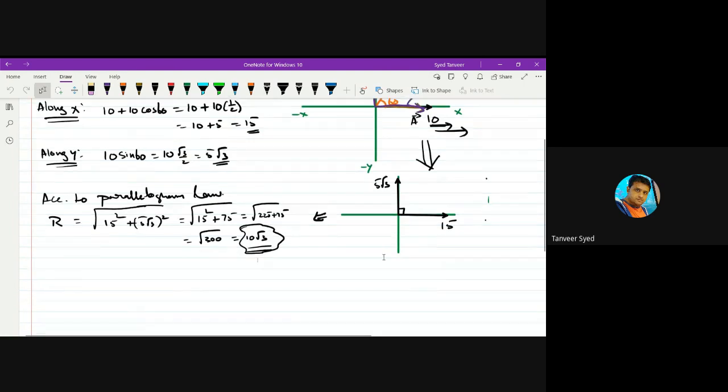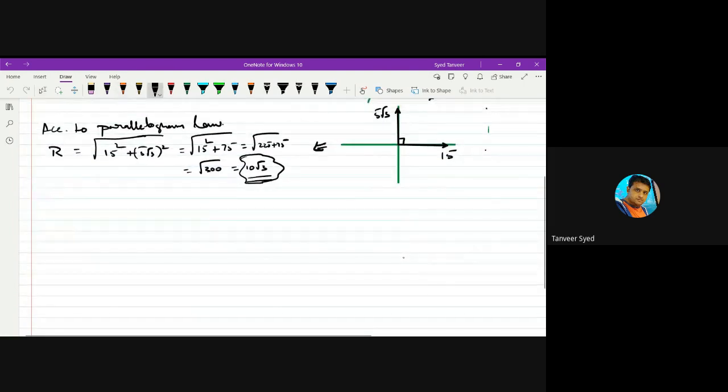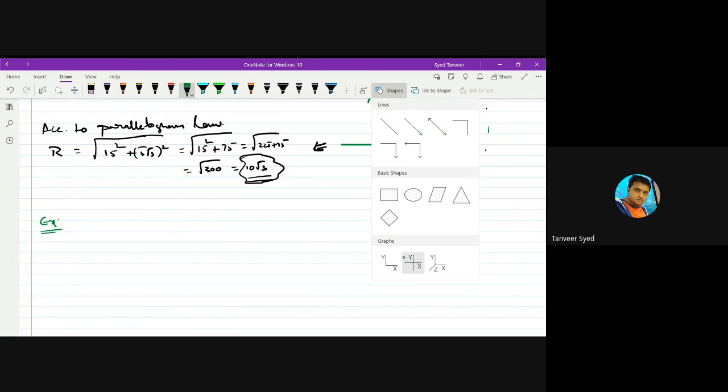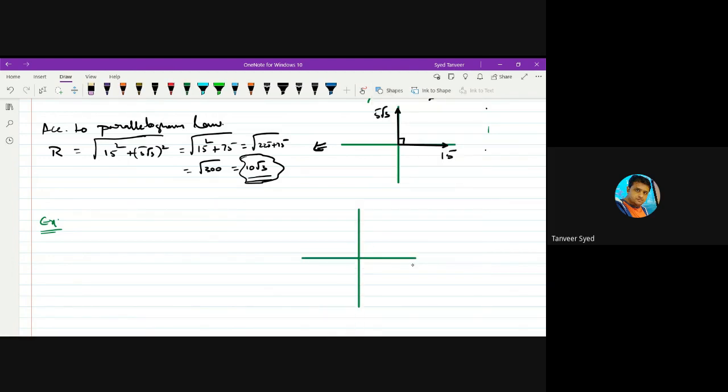Next, a small change. I'll take two vectors only.